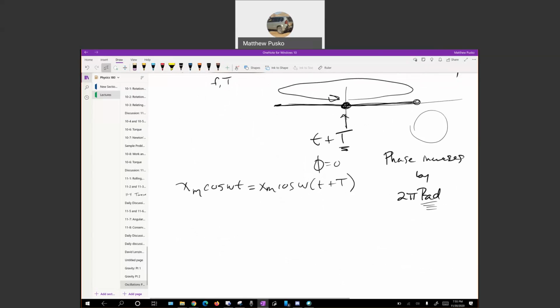Then we can cancel, we get omega t is equal to omega times t plus T, plus some 2 pi. It's gone 2 pi radians.